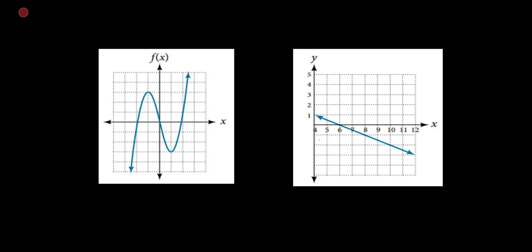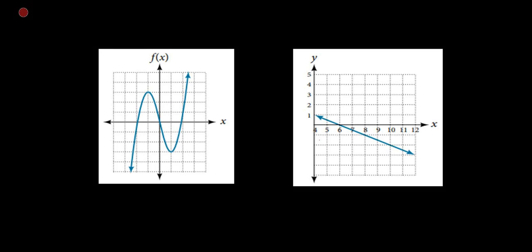In this third example, we have two different graphs, and to determine if they are one-to-one functions, we are going to use the horizontal line test. And if the line is drawn through them and it cuts through the graph at two or more points, then such a graph or function is not a one-to-one function.